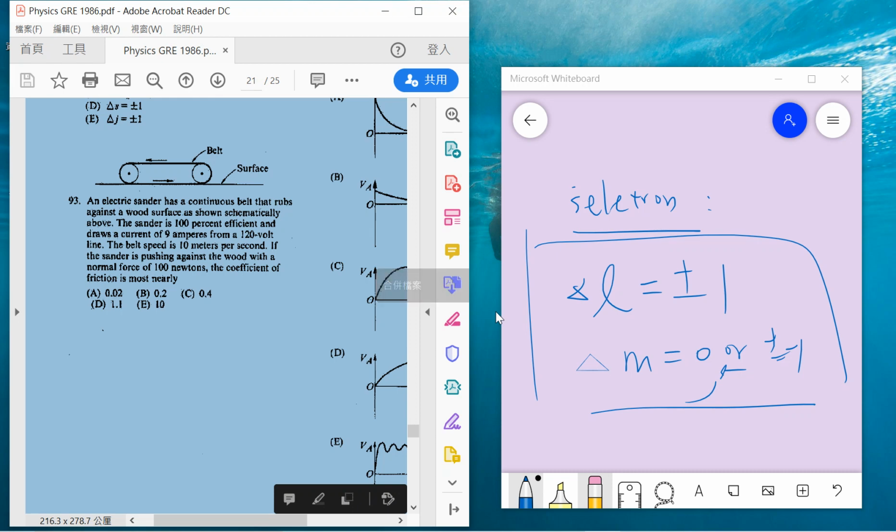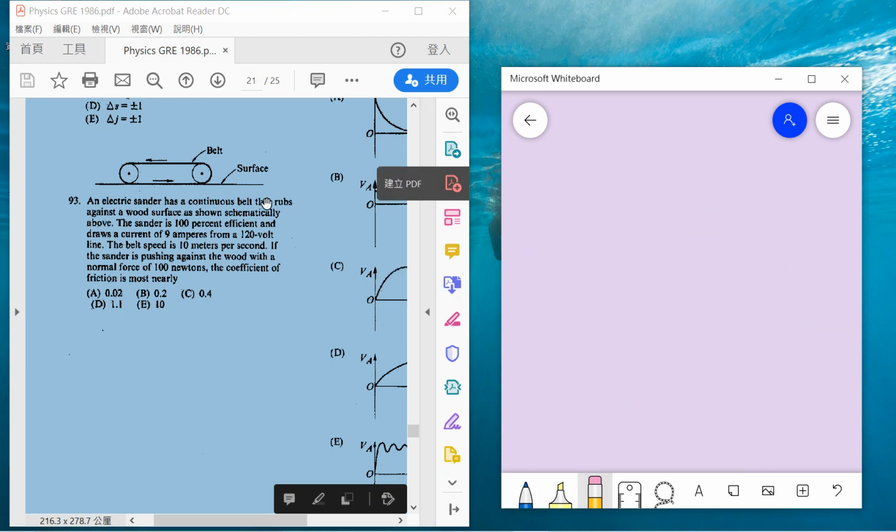Okay, 93 said that there is an electric sander, blah blah blah, and continuous belts, and the sander is 100% efficient, and there's 9 amps from 120 volts, and the belt is 10 meters per second, and the sander is pushing against the wood with normal force of 100 newtons. So basically, you need to solve for watts, right?